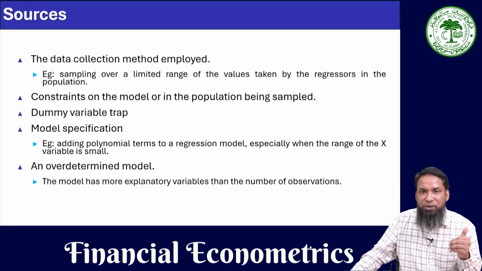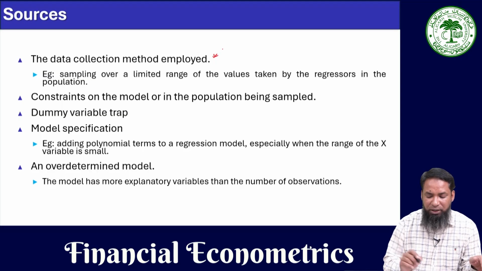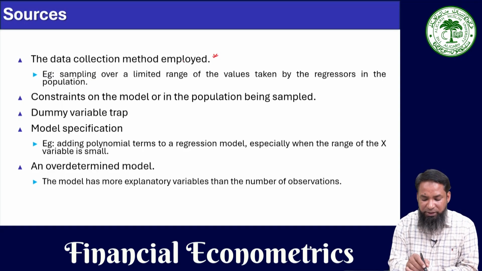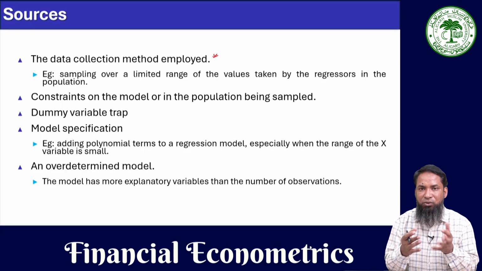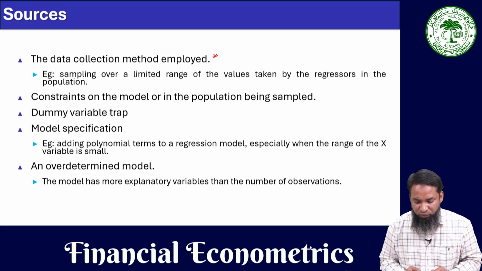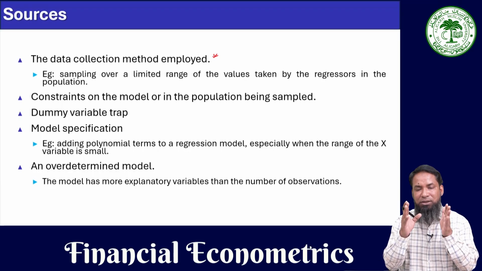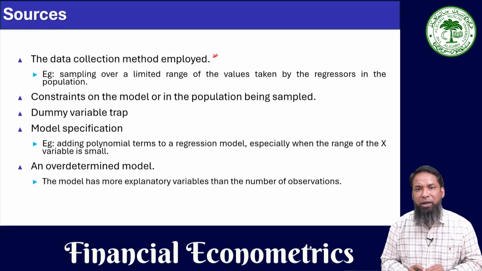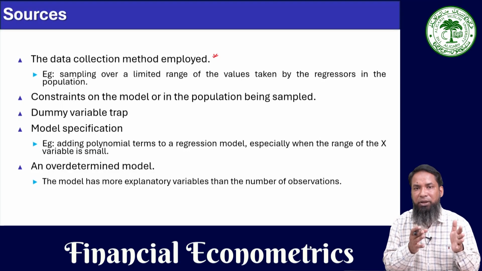Now, what are the sources? Why do we have the problem of multicollinearity? One, the data collection method employed. For example, sampling over a limited range of the values taken by the regressors in the population. Due to the way we have collected the sample, we may have such a relationship. For example, let us say we wanted to find out income, and to collect the data on income, we went to households which happen to have a high level of education and high level of income.